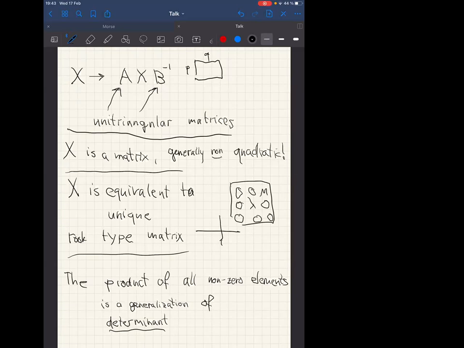It's easy to prove that lemma, and I mentioned that the product of all those non-zero elements in the final rook type matrix is a natural, it seems to me, generalization of the determinant, because if the matrix is square and non-degenerate, then it's exactly the determinant. But if not, then it's another quantity, and it's interesting.